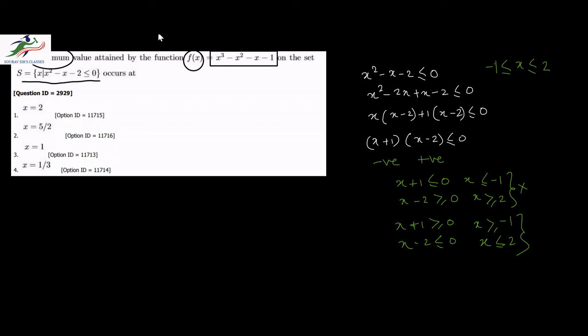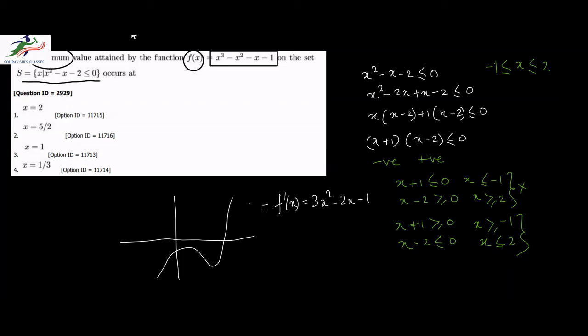So now we have to see the nature of the curve. So the nature of the curve will be like this. Now if we do the first differential of this function, we will get f'(x) is equal to 3x² minus 2x minus 1, and for the function to be maxima or minima, this should be equal to 0.